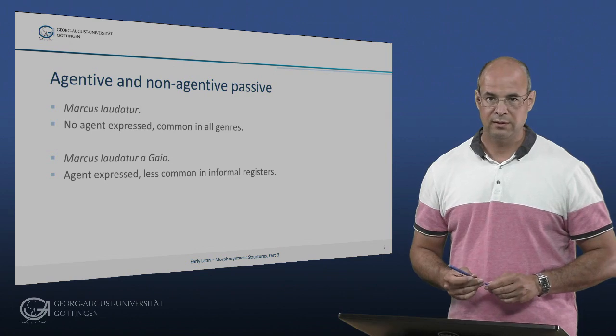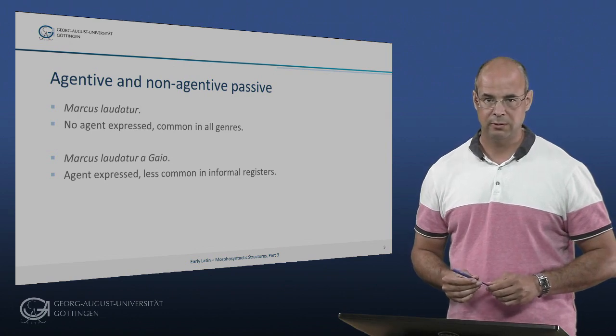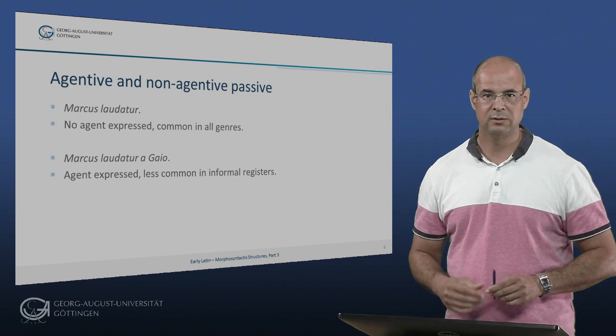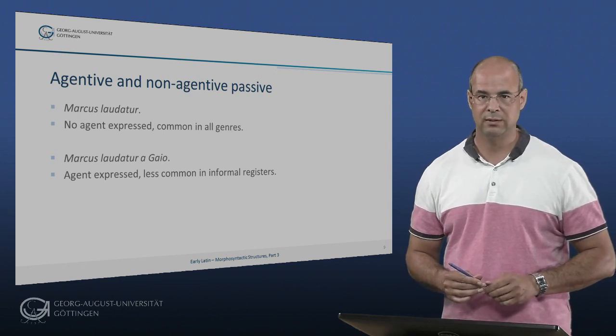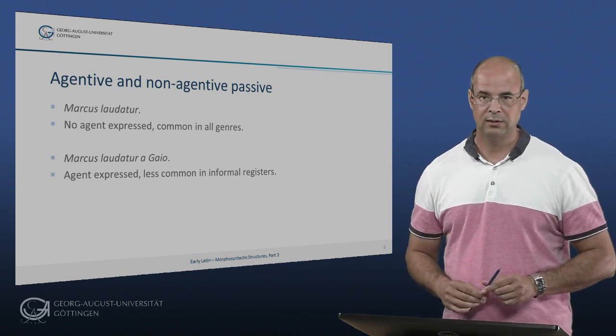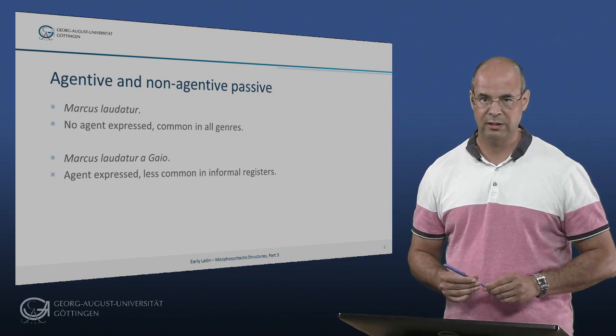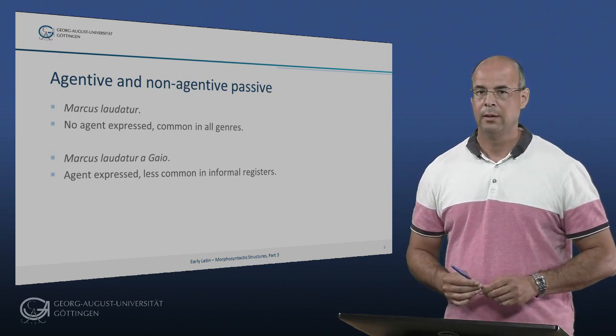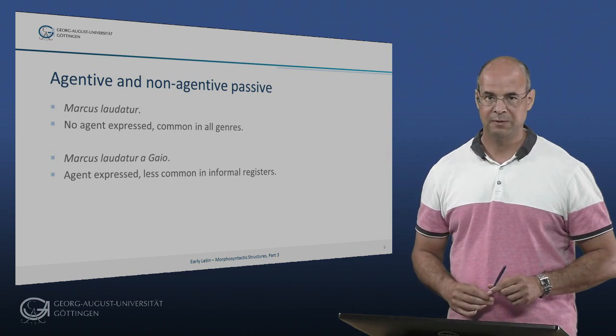Such long sentences can become messy and difficult to follow, so Roman authors needed certain strategies in order to keep them clear and neat. One such strategy is to keep the subject identical in main and subordinate clauses if at all possible. And passivization often helps with that.